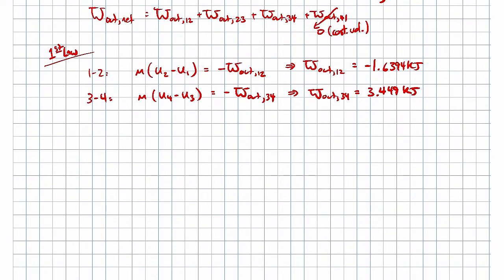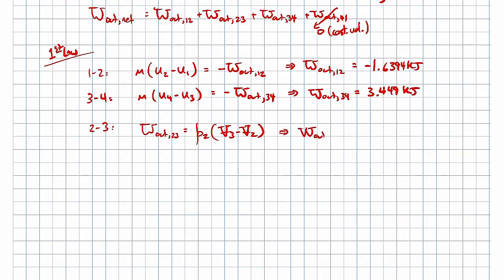So from 2 to 3, I'm just going to calculate it as just P dV work. And I've already found what P2 was. I know V3, I know V2.